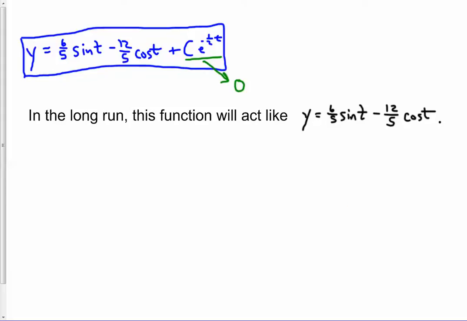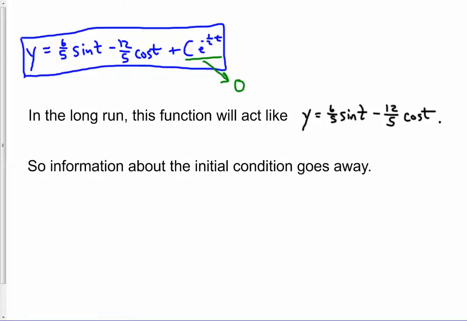What's also interesting about that is, remember that the initial condition is going to determine the c, and the c is on that piece that's going away quickly over time. So evidently, information about the initial condition goes away. In other words, this function kind of forgets where it started, and it just settles into this function. It just wants to be this function, regardless of where it starts.